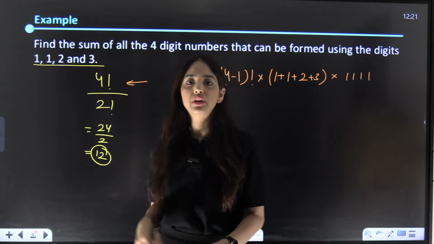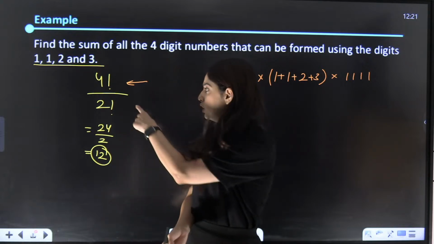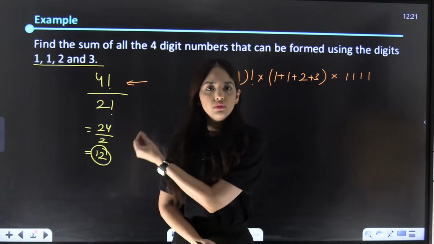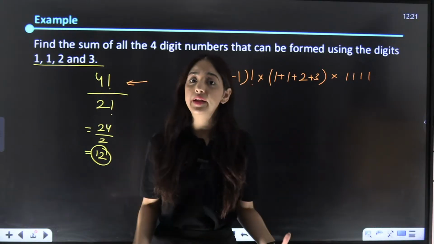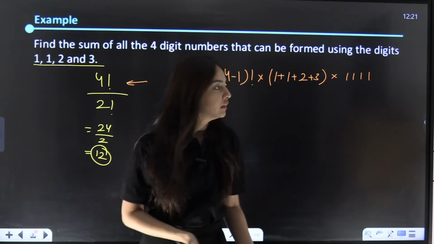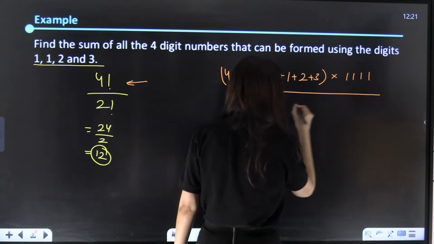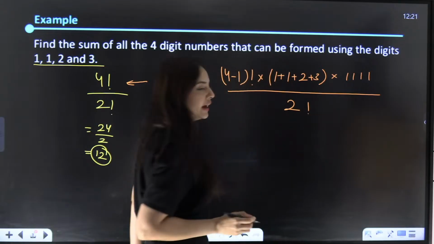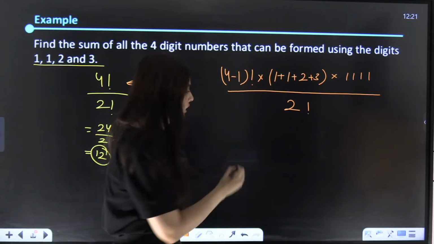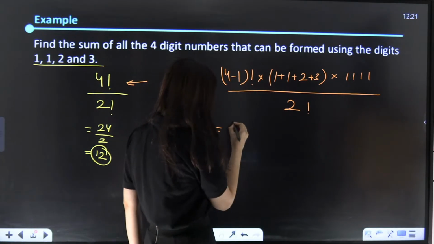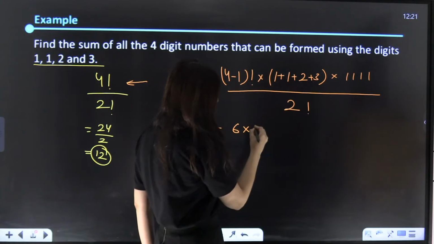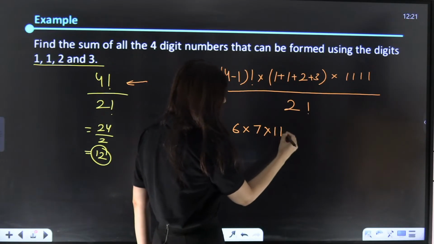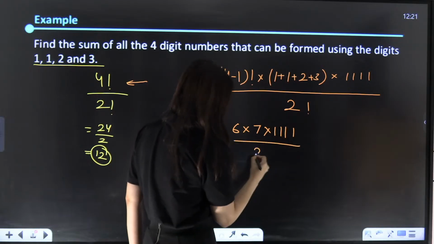Because we were counting every number 2 factorial times, or 2 times, or twice. So that means even the sum will be double what we wanted. So we will just divide it by 2 factorial. And finally we have 3 factorial 6, 1 plus 1 plus 2 plus 3, 7 into 1, 1, 1, 1 by 2.